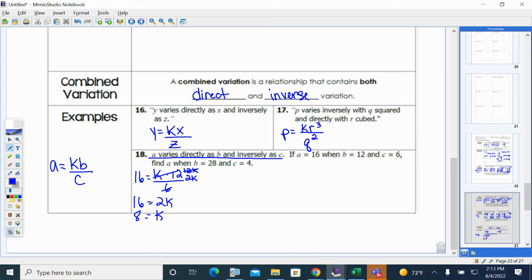So now we're to the find part of this. Find A, going back to the equation that we wrote, A equals, when B equals 28 and C equals 4. So again, you just found the K, so don't forget that. So I have 8 times 28 over the 4.